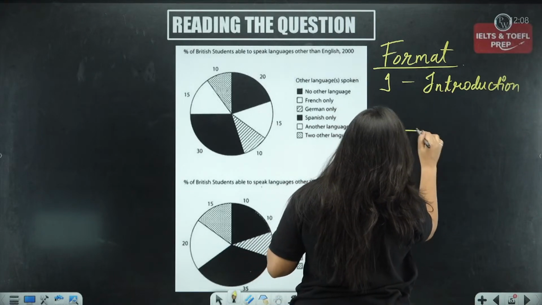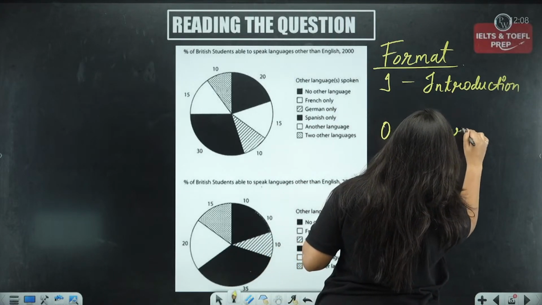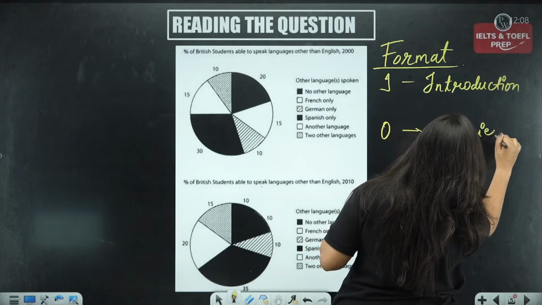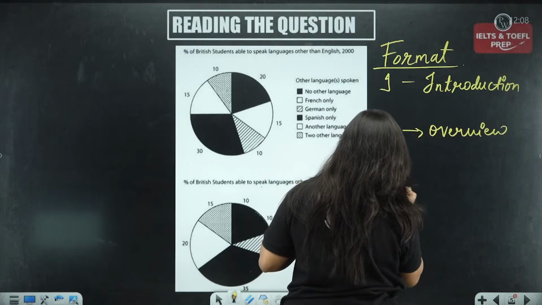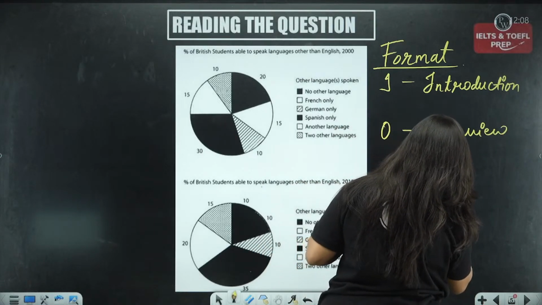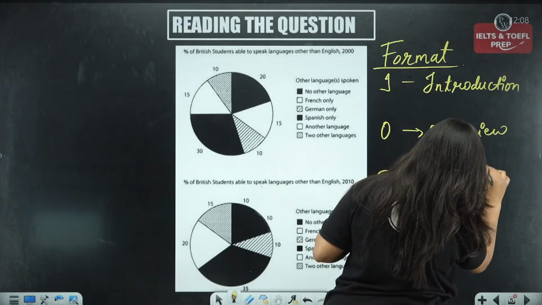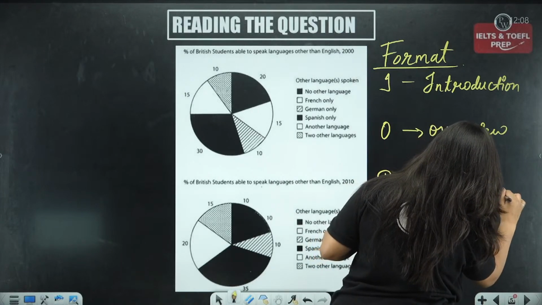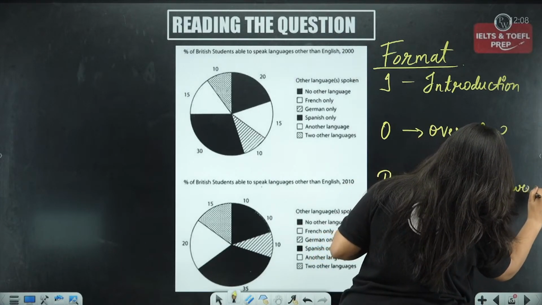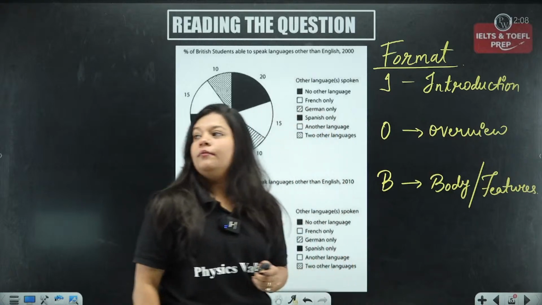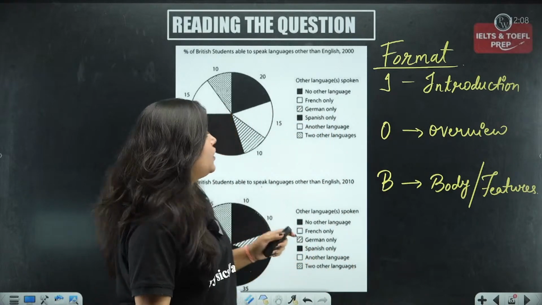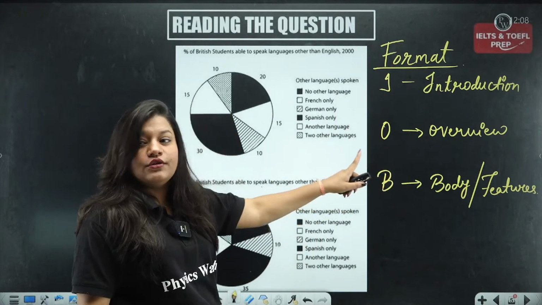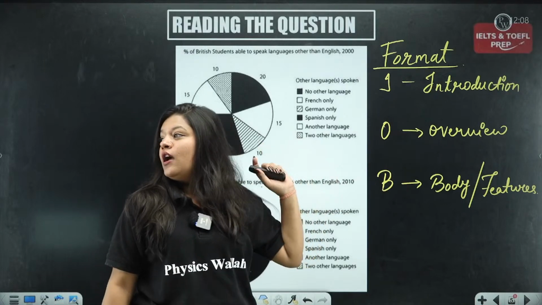Second one is going to be overview. And third is going to be your body. Okay. So the first one is going to be your introduction. How you're going to write it, I have already told you.